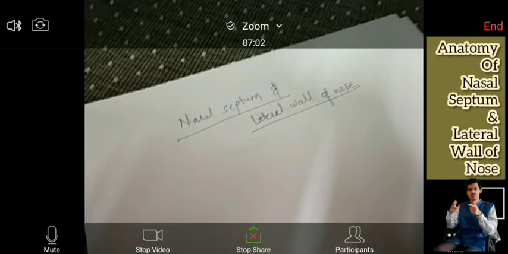What happens when you clean your nose? At that time you may injure. This is very thin. You can injure these arteries and bleeding occurs, and that is called epistaxis. That is nasal bleeding, oozing of blood.